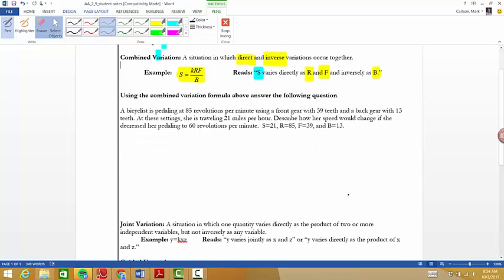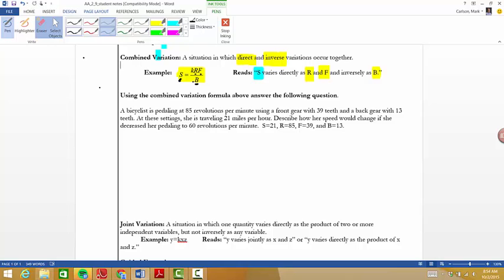All right, this example will deal with the equation that we have up above involving combined variation, where S is equal to the speed, R is the number of revolutions per minute, F is the number of teeth on the front gear, and B is the number of teeth on the back gear. So those are our variables that we're working with.